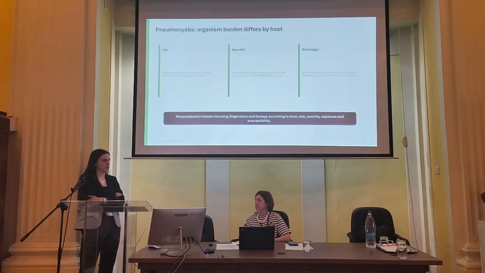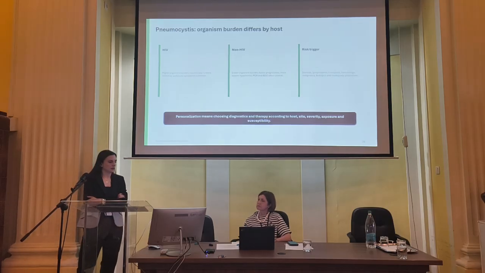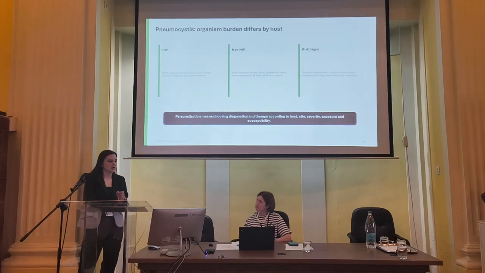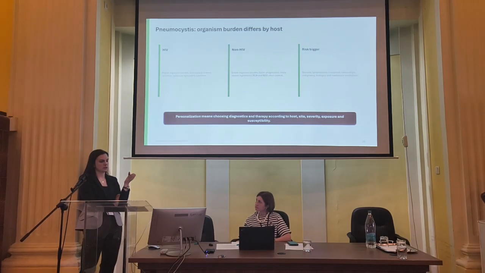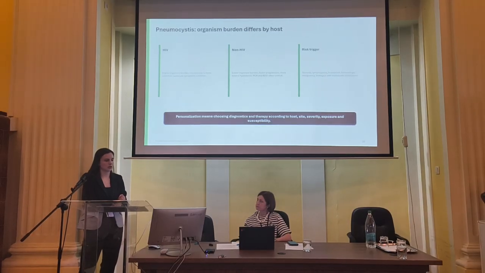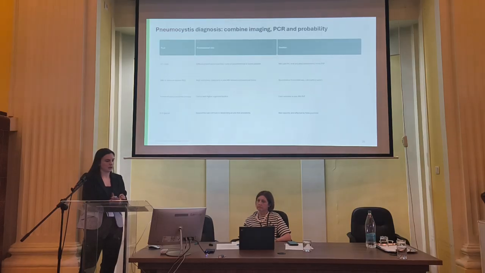Pneumocystis is very rare, but when we have an HIV positive patient, we have a higher organism burden, microscopy is more sensitive, and we have some kind of subacute symptoms in these patients. Risk factors also include the use of steroids, after transplantation, and during some procedures that require immunosuppression.